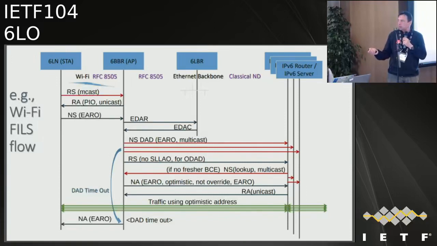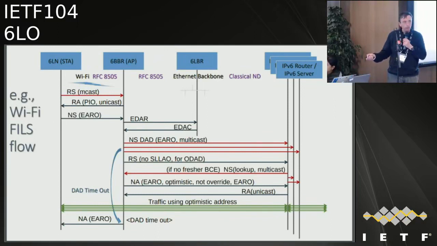which is what I represented here. By effectively having the 6BBR talk to the router and populate the ND cache on the router, if it was not already there, that's the optimistic DAD thing, then the router can go back to the 6BBR, which can go back to the STA. And that's how the traffic can start right away. And you see that that timeout is a lot later.